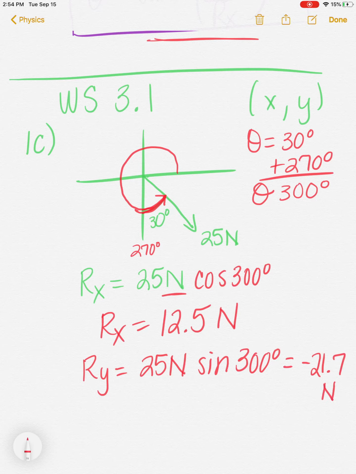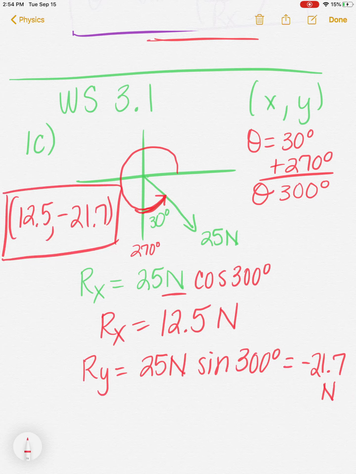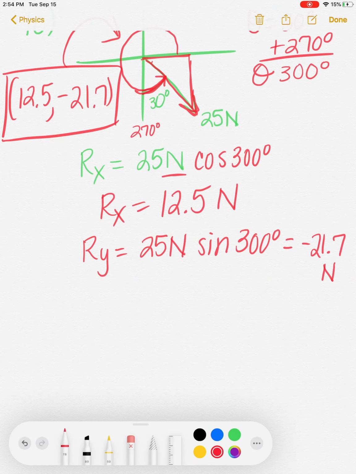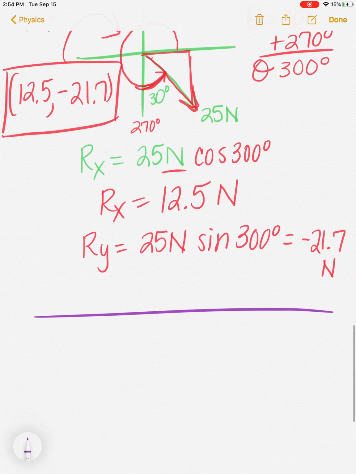Now, if we think about it, that means that my xy coordinates are positive 12.5 with a negative 21.7. Does that make sense with my graph here? Well, yes, it does, because I would have a positive x value and a negative y value in order to achieve this resultant vector.